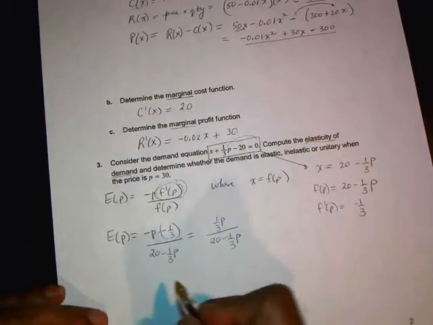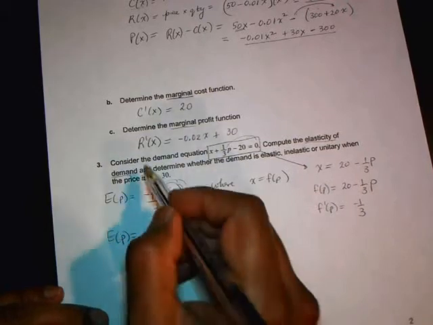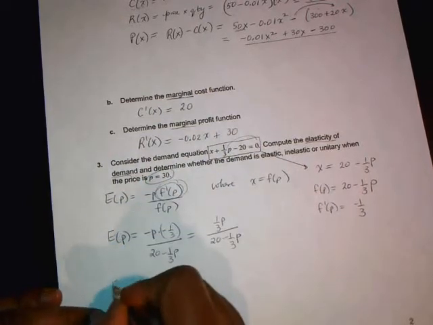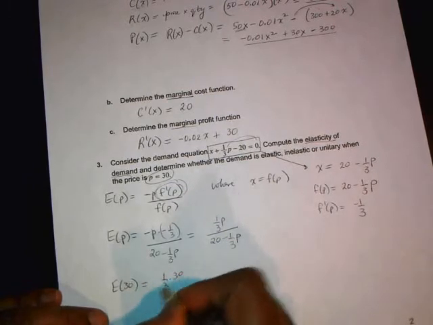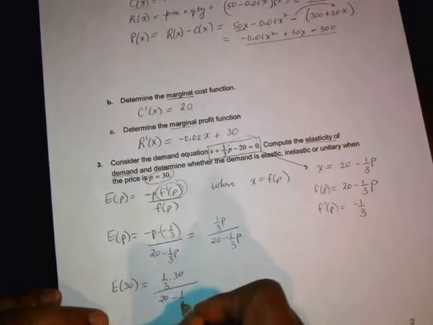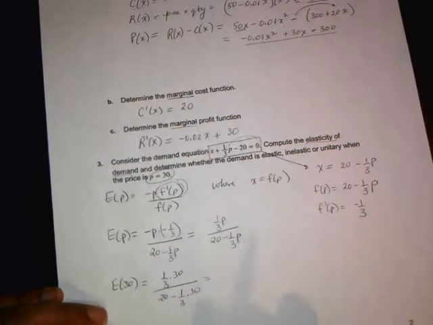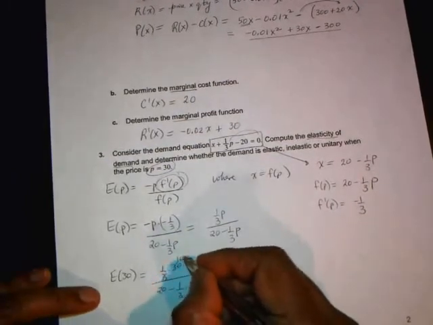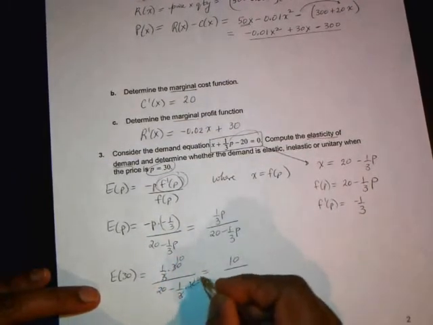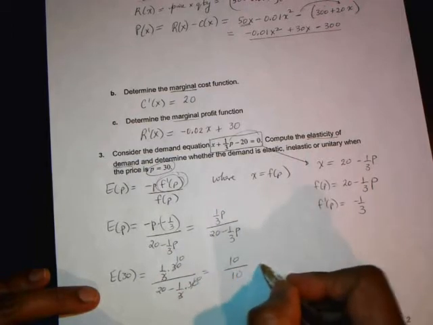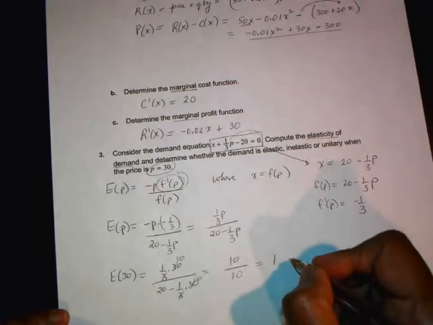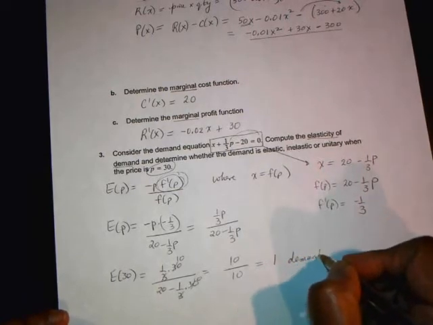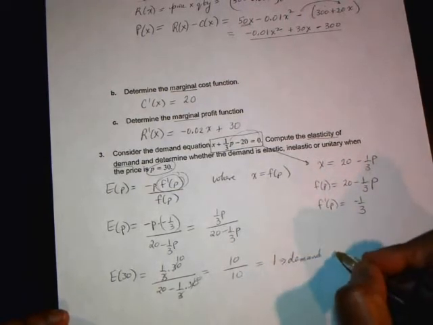Now you're also told that the price is 30, so let's plug in 30. E at 30 is 1/3 times 30 divided by 20 minus 1/3 times 30. If you clean this up, 3 goes into 30 10 times, so you get 20 minus 10, which is 10, so we get E to be 1, which implies the demand is unitary.